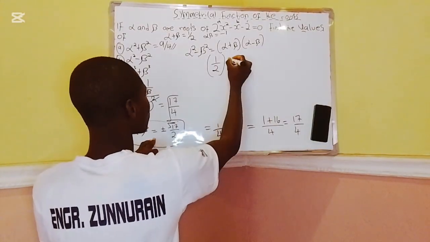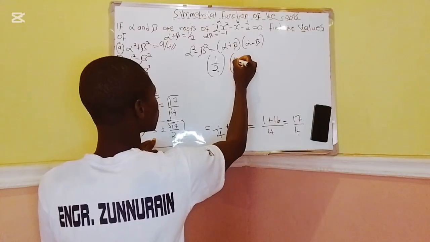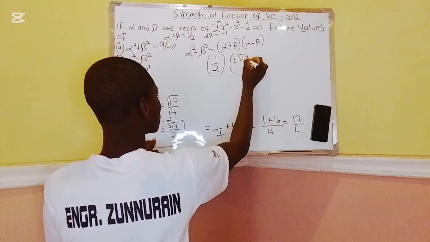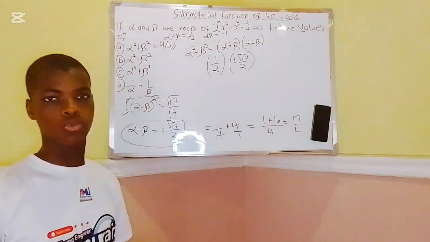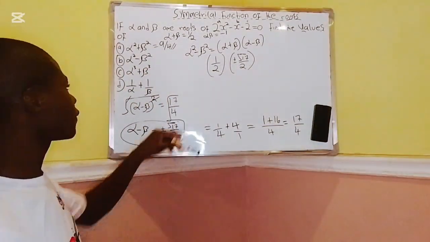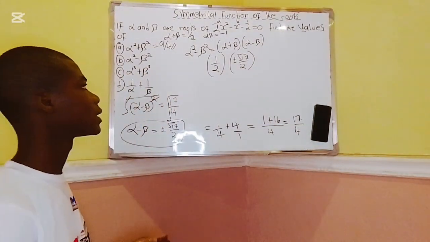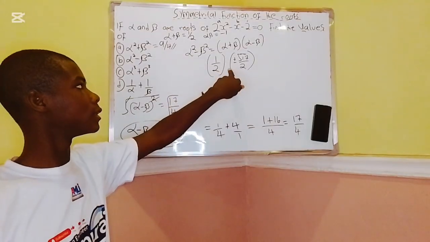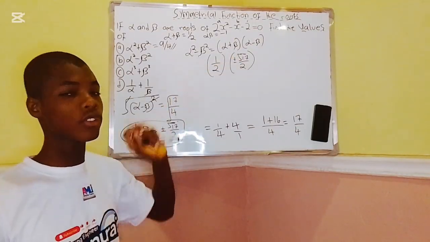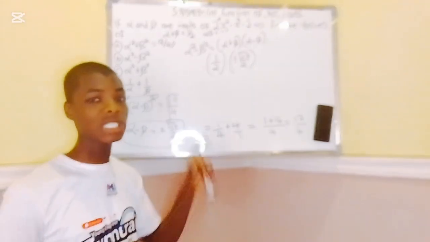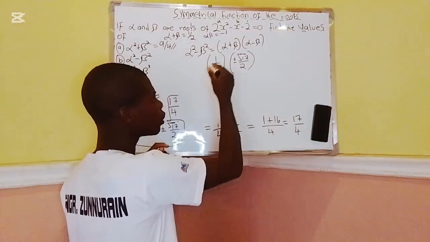So therefore, multiplied by plus or minus root of 17 divided by 2. I have to multiply 1 over 2 by plus or minus square root of 17 over 2. So I'm just going to multiply them.